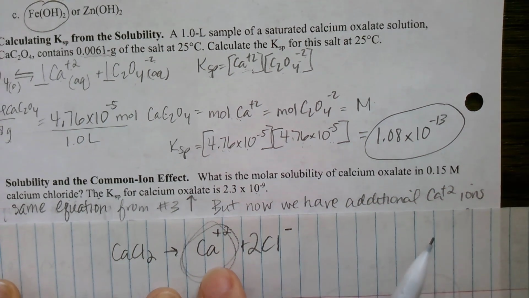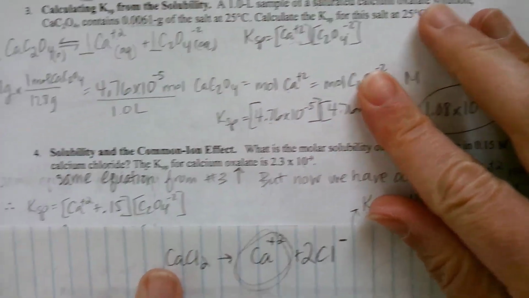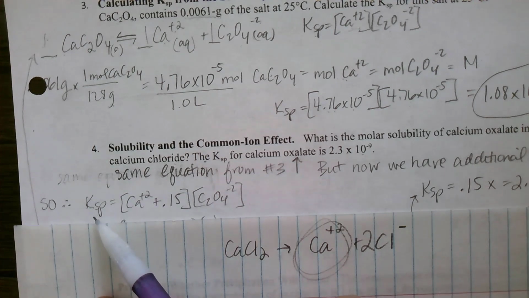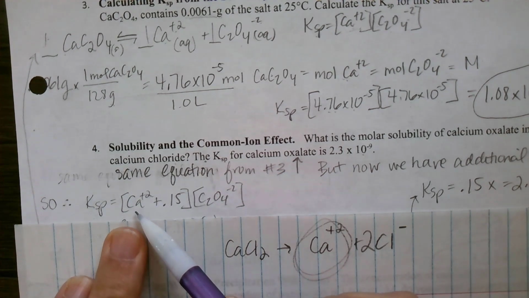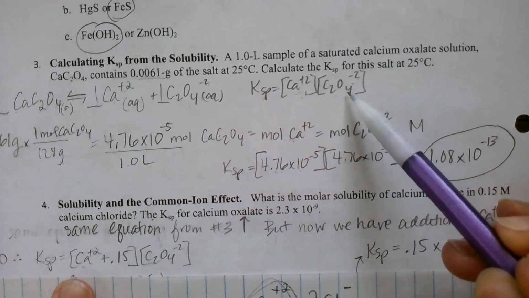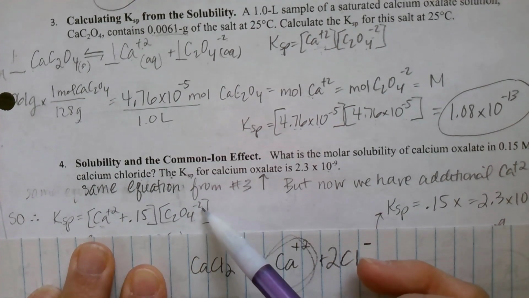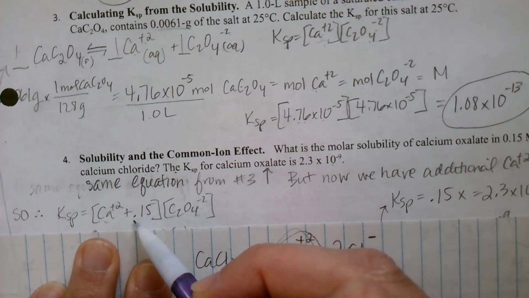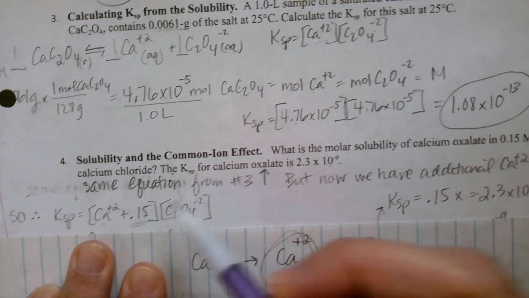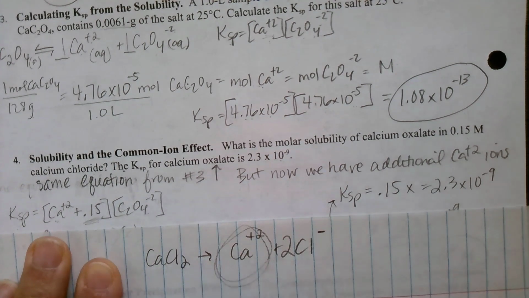But this is what we're most interested in. So we want to say, therefore, the solubility, so the KSP for that calcium oxalate, this is our Ca plus 2, and the oxalate was the C2O4 minus 2, but now we have an additional concentration, the 0.15 molar calcium from the calcium chloride.